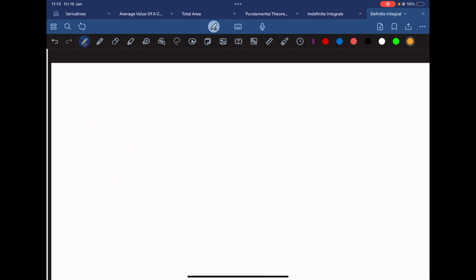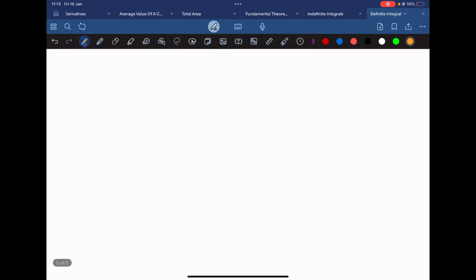Okay, now let's look at our last question. We have from 0 to pi over 4, 1 plus e to the exponent of tan theta, times secant squared theta d theta.